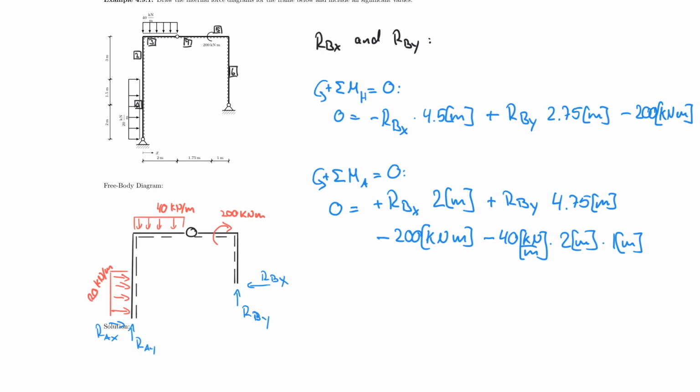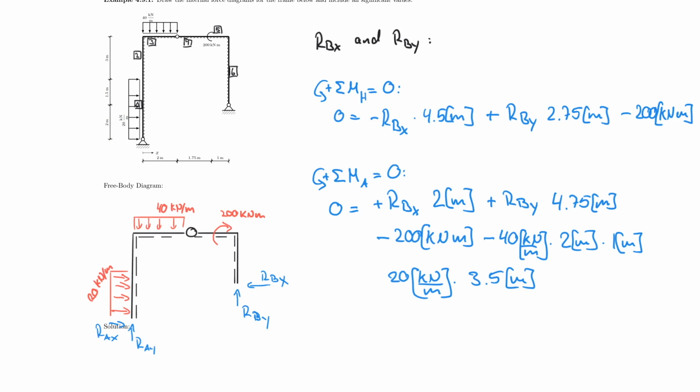Last but not least, let's do the 20. So the 20 kilonewton per meter multiplied by 3.5 meters. It's acting directly from here to here, so 3.5 over 2 is the lever arm because it's an even distributed force.